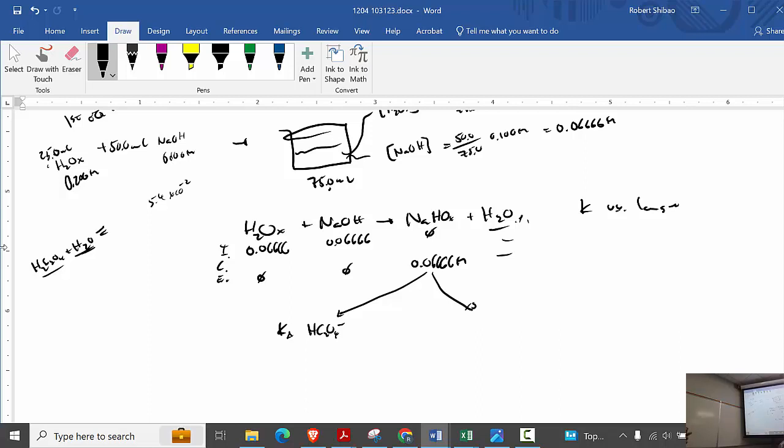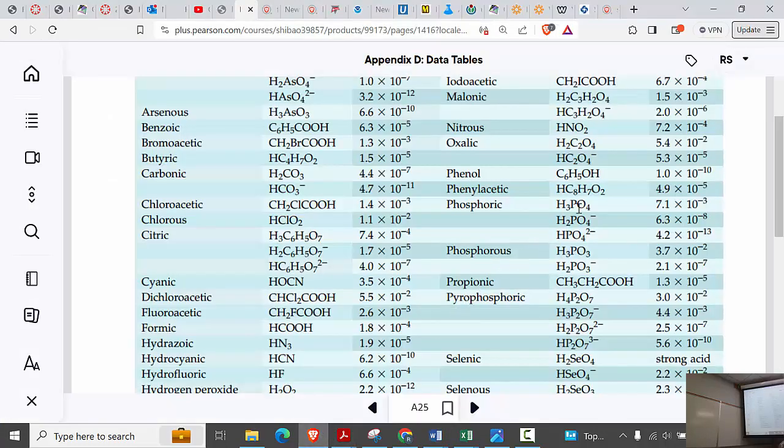If one is strong and the other's weak, then it's double V. If one is strong and the other is water, then just 1V. Okay. That's the ranking system. So the Ka for hydrogen oxalate, we can look up on the chart, 5.3 times 10 to the minus 5.